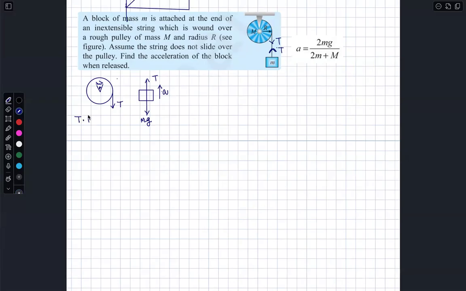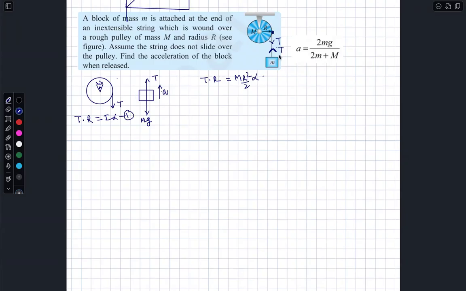The only torque is T into R is I alpha, equation 1. Now T into R, you can take this like a disk, MR square by 2 alpha.